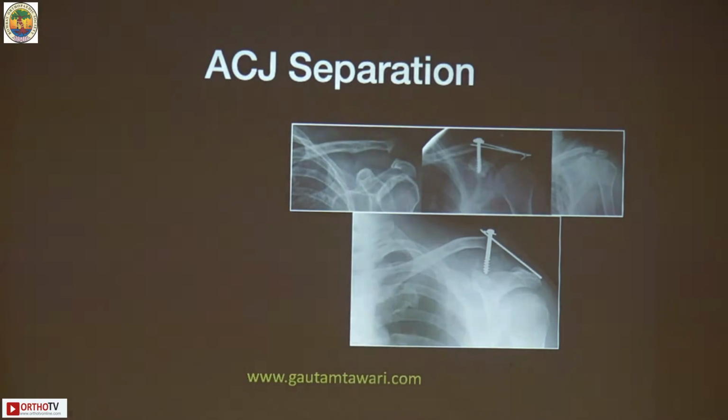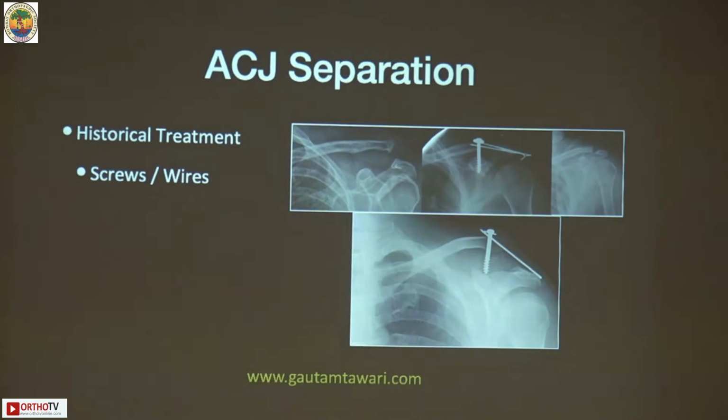Treatment for AC separations. These are where the historical treatments were. We used to use screws and wires, commonly known as the Bosworth screw, and wires to assist your Bosworth screw to hold it. However, it often failed because we underestimated the force that goes through the acromioclavicular area or the coracoclavicular area.